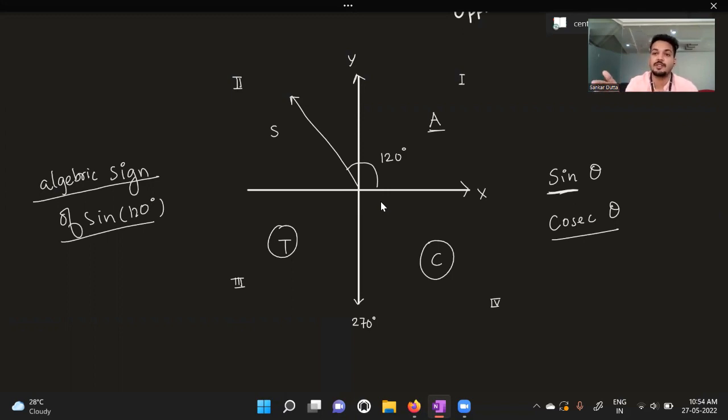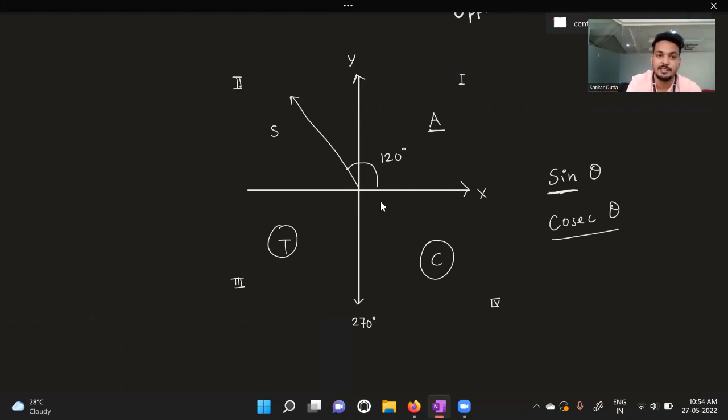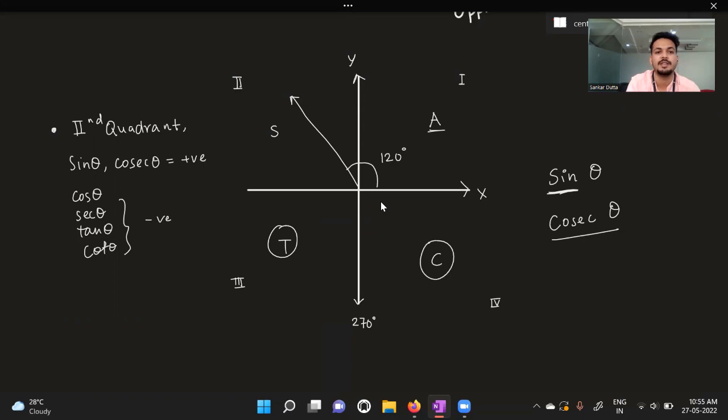The rest of the trigonometric ratios will be negative. It's a very powerful mnemonic that gives you the algebraic sign. So let me write it down for you. In the second quadrant, sine theta and cosec theta are going to be positive. Everything else, cos theta, sec theta, tan theta, cot theta, all these four ratios, are going to be negative.